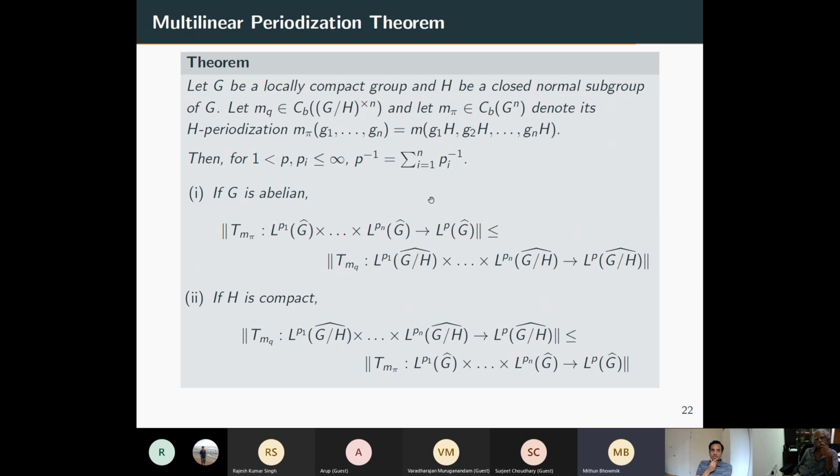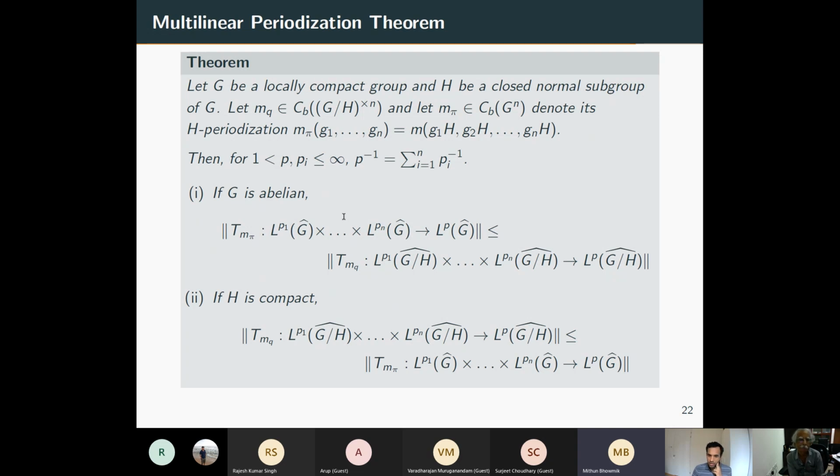And we also have a periodization theorem which says that it behaves well with respect to quotients. Again, to go one way, you cannot expect much. If you're saying that the norm on the quotient group is going to give you any information about the norm on the group itself, then you really need that the group is abelian.